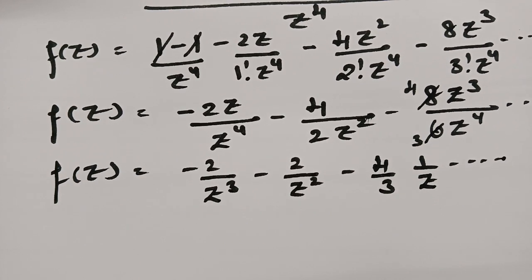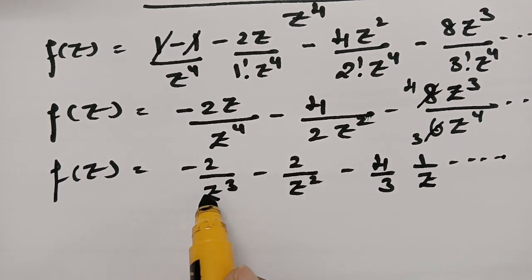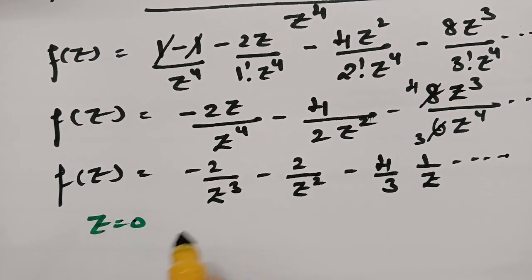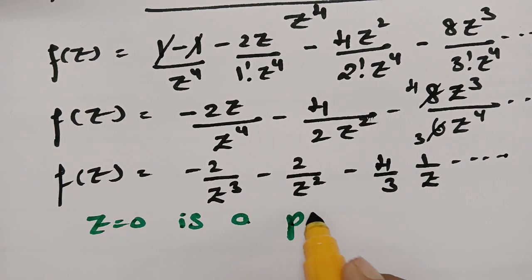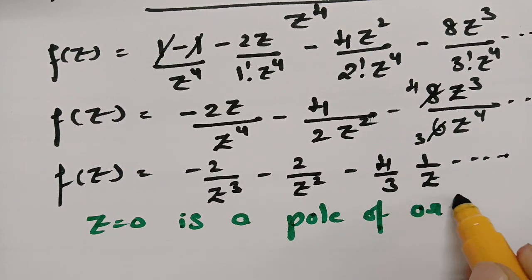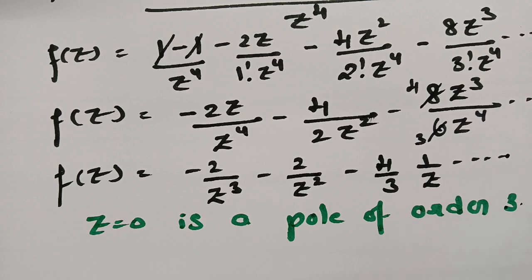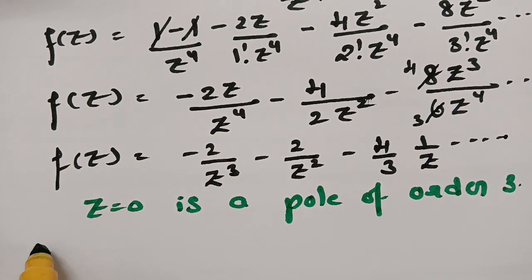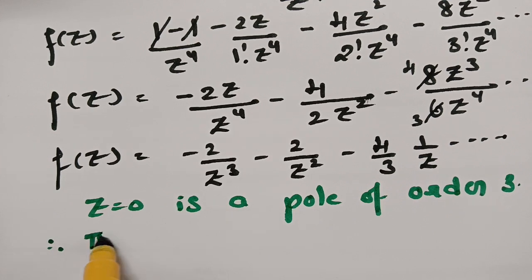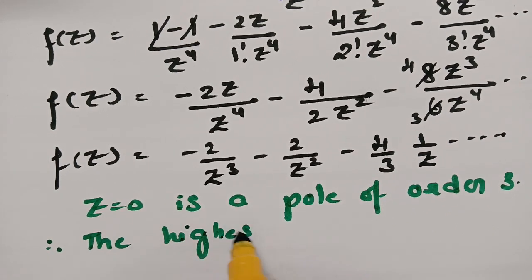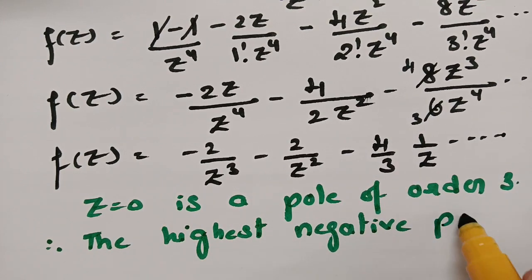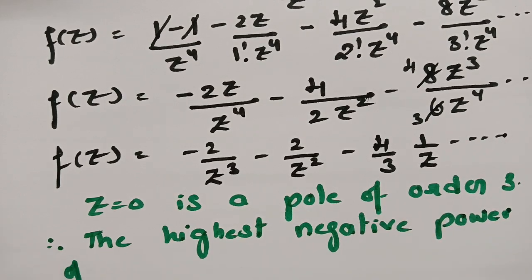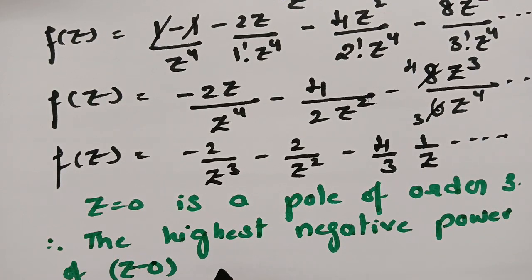Now this is z minus 0 whole power 3, so z is equal to 0 is a pole of order 3. Therefore the coefficient of the highest negative power, that is the coefficient of 1 by z minus 0, is the residue value.